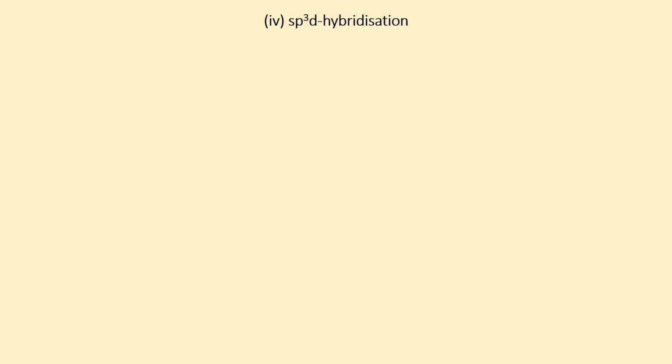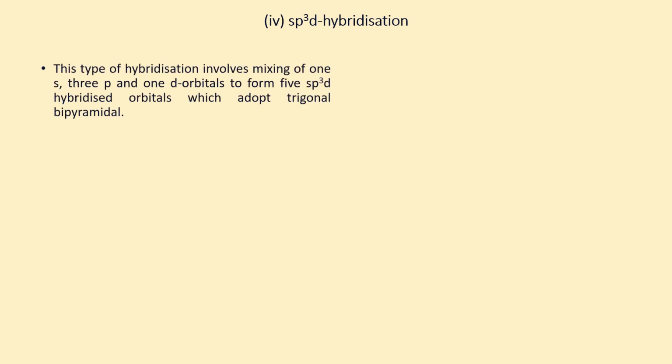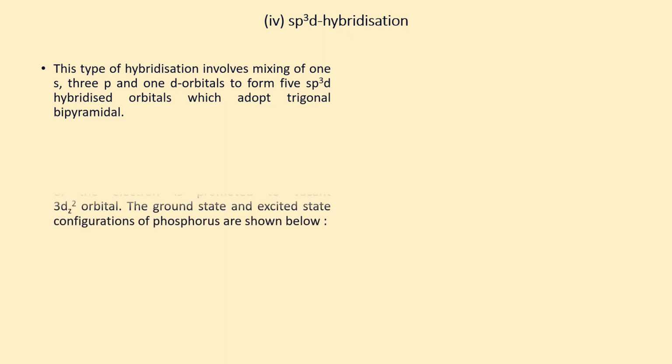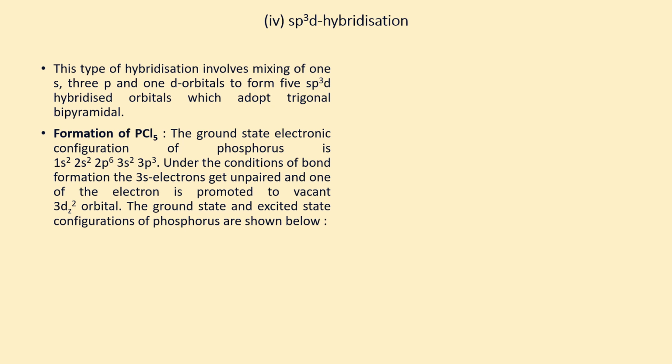sp3d hybridization. This type of hybridization involves mixing of one s, three p and one d orbitals to form five sp3d hybridized orbitals which adopt trigonal bipyramidal geometry. Formation of PCl5. The ground state electronic configuration of phosphorus is 1s2, 2s2, 2p6, 3s2 and 3p3.